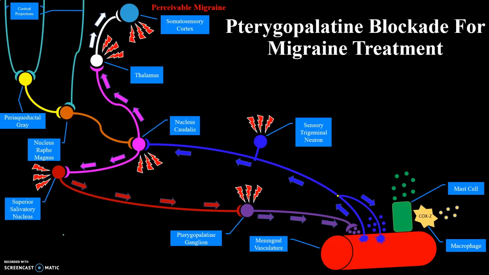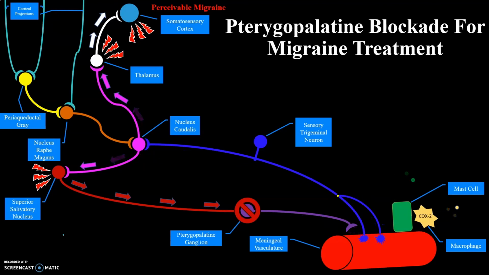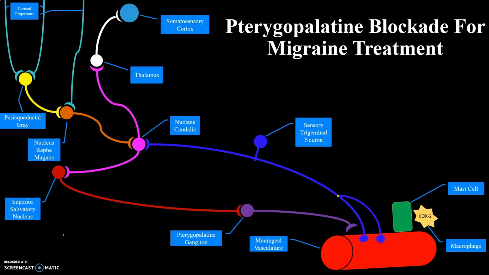This final piece here is just showing where the pterygopalatine ganglion block fits in the treatment of migraines. So by blocking the parasympathetic postganglionic fibers that are leaving the pterygopalatine ganglion and traveling to the meningeal vasculature, you're able to stop or limit the release of the nitric oxide, acetylcholine, VIP, and different things.